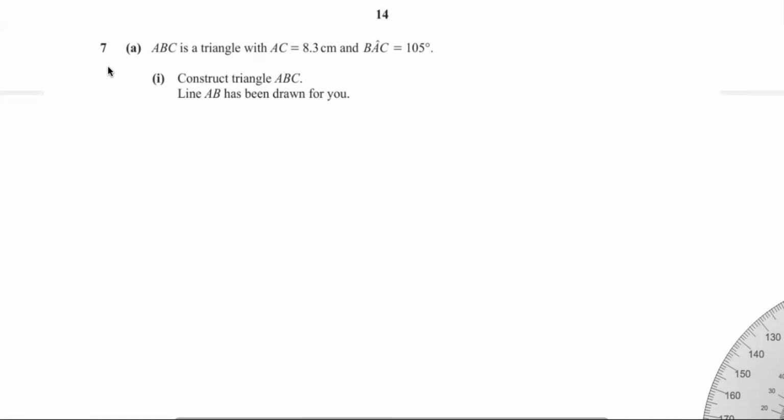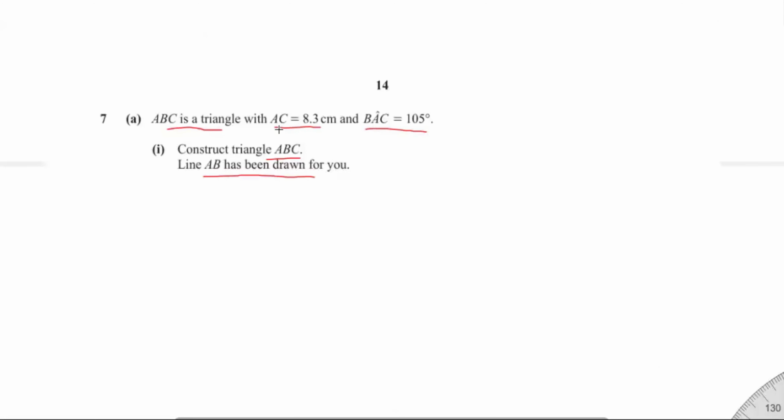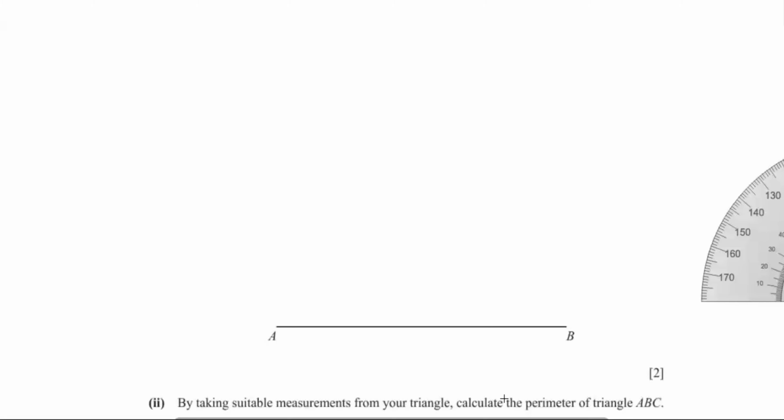Question number 7, part A. ABC is a triangle with AC equal to 8.3 centimeters and angle BAC 105 degrees. Construct triangle ABC. Line AB has been drawn for you. Now you see here, this is the line AB. We draw an arc of AC, which is 8.3 centimeters.